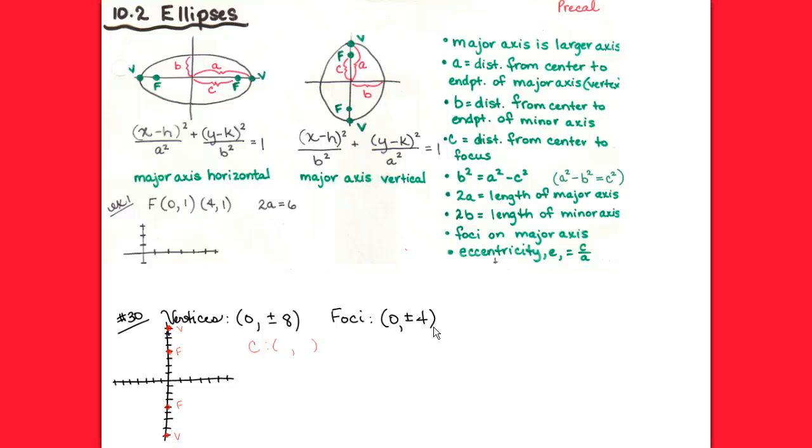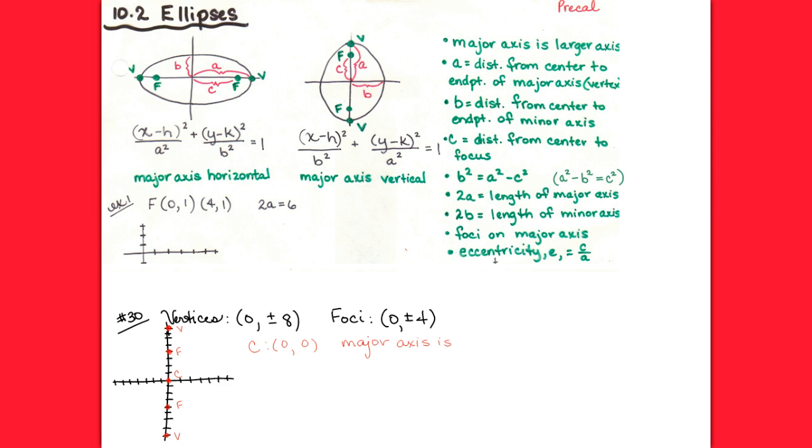Yes, A is the distance from the center to the vertices. And then how do I find C? Distance from the center to the what? Okay. And I already know that as well, right? Okay, so lots of information, and then of course once I knew A and C, I could find B. So you nailed it. Those are all the things that we could get from this.